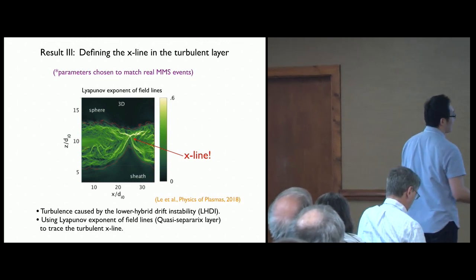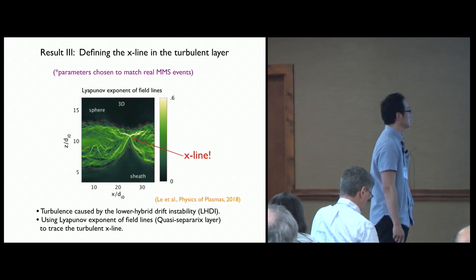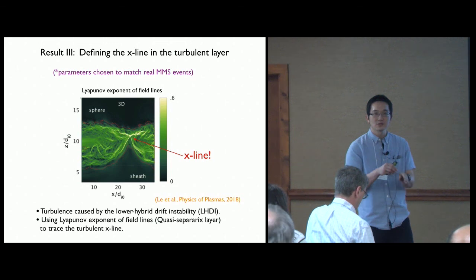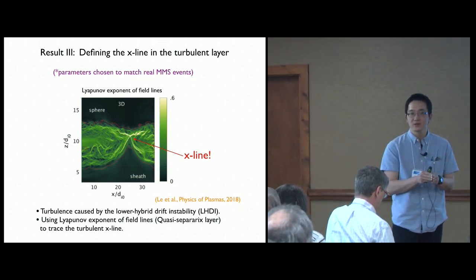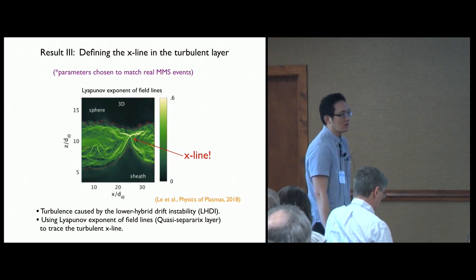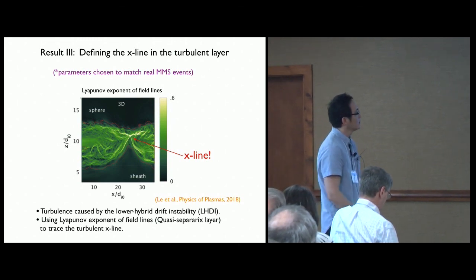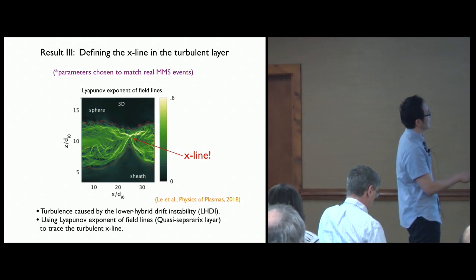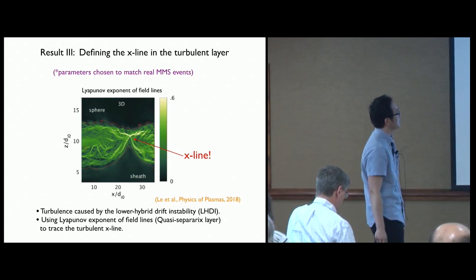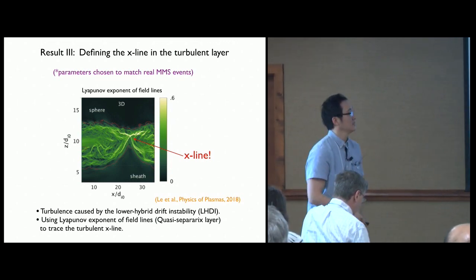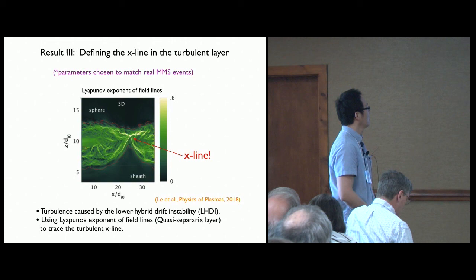And my colleague at Los Alamos used this Lyapunov exponent of field lines, which basically measures how the adjacent B field lines diverge from each other. Okay, and this, in principle, has something to do with the reconnection X-line. It's where the singularity happens. So for example here, the maximum of the Lyapunov exponent is probably the X-line in a turbulent system.